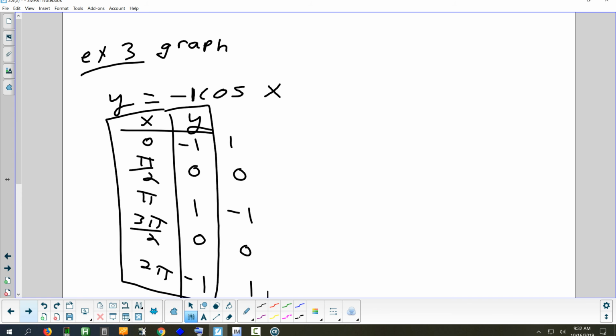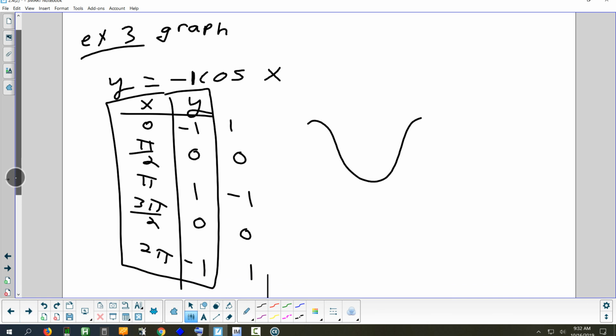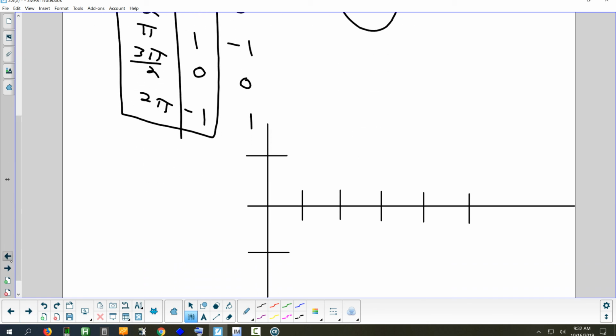So cosine normally looks like this. It's kind of that V shape. That's going to flip over. So that's going to look more like a hill, or like an N shape. So 1, negative 1. And now put our x-axis: pi over 2, pi, 3 pi over 2, 2 pi.